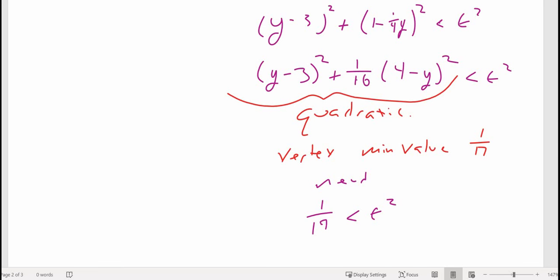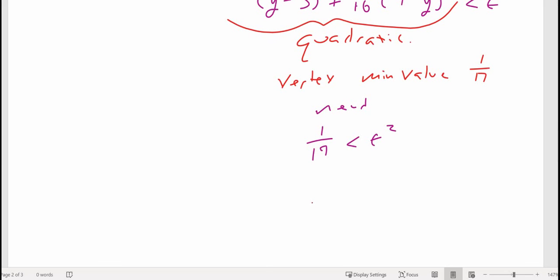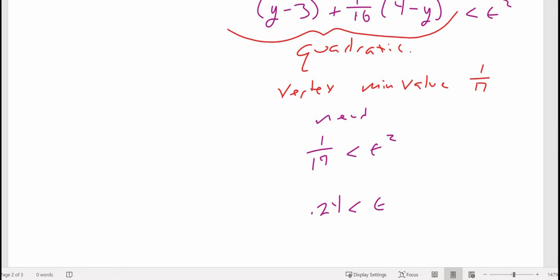Now, one way to look at this, let's see, 1 divided by square root of 17. Hold on, I'm talking to my calculator. So epsilon would have to be bigger than about 0.24. So what we're saying here, now it goes on to say choose epsilon to equal 0.01.